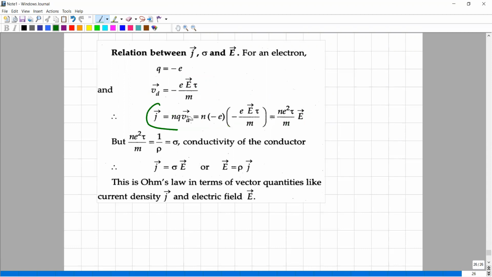So you can find a relation between the current density and electric field: current density is equal to conductivity times the electric field. So this relation again you can get. Ohm's law in terms of vector quantities looks like this. This is the vector form of Ohm's law.